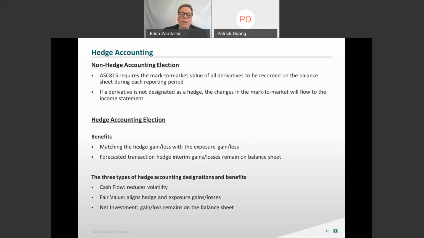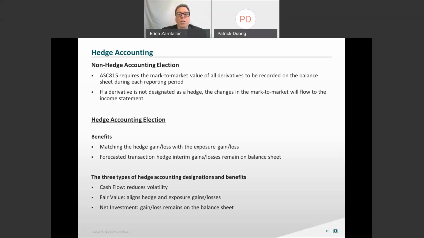Another benefit of selecting hedge accounting is that forecasted transactions can be hedged, and the interim accounting period hedge gains and losses are retained on the balance sheet in other comprehensive income until the transaction impacts the income statement. This reduces interim income statement volatility and allows for protection of forecasted flows.